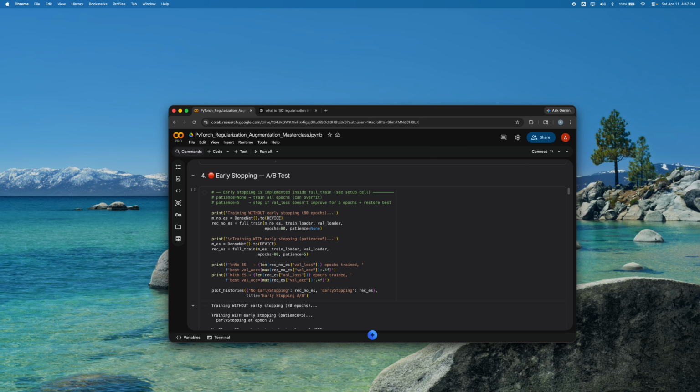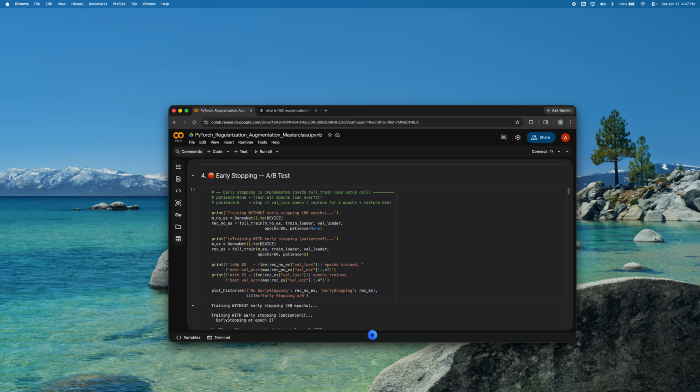Then we have early stopping. The problem is, if you train for too many epochs, the model starts fitting noise in the training data, which is overfitting. The validation loss starts rising even as training loss keeps falling. Early stopping monitors validation loss each epoch.